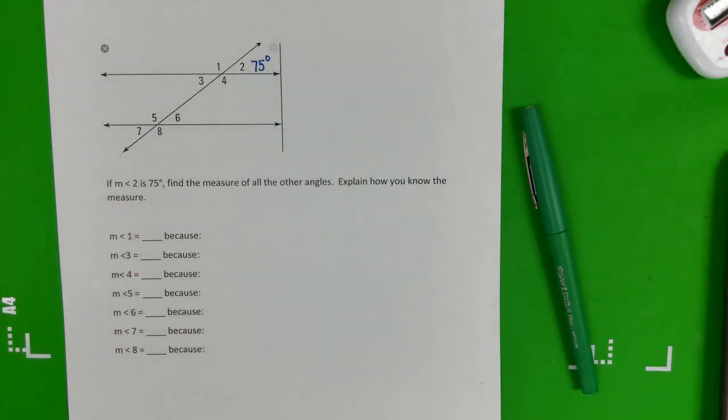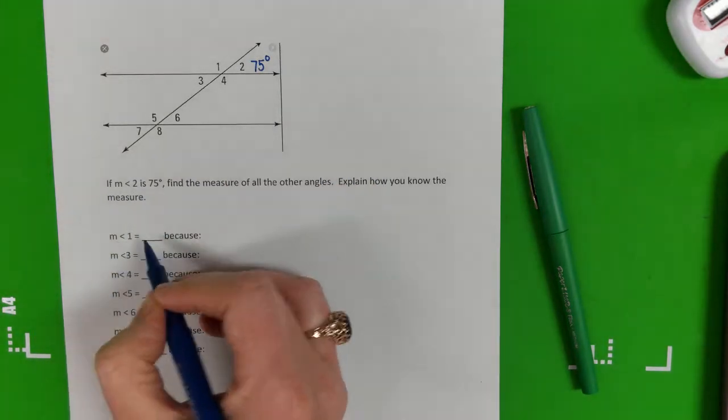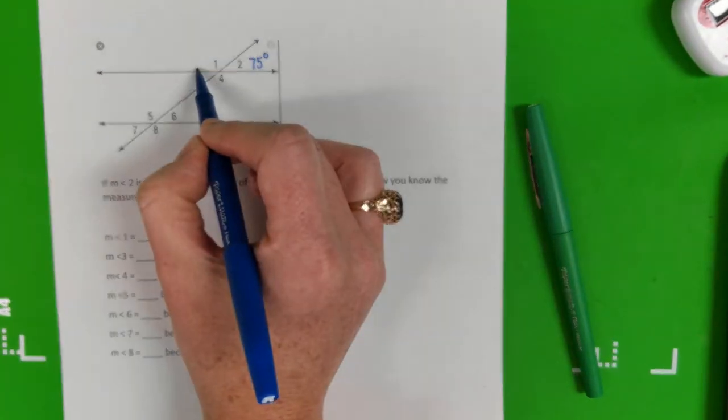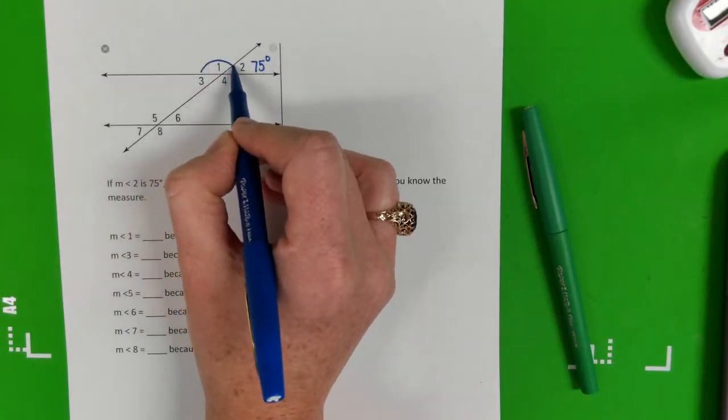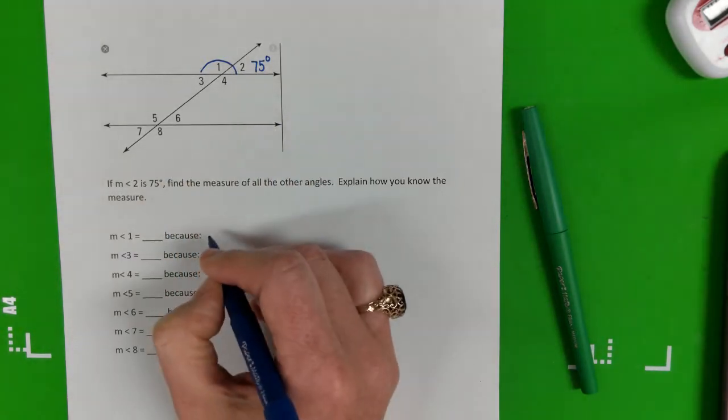And as we look at this, I want you to realize there is more than one answer. Or not more than one angle measure, but there's more than one way we could get the answer. Okay? So first off, angle 1, I want you to notice that these two angles make a straight angle.